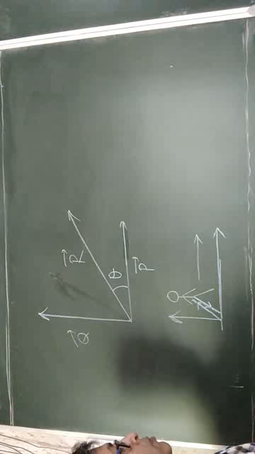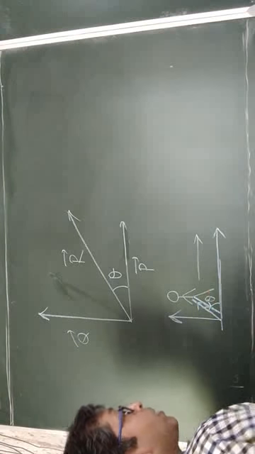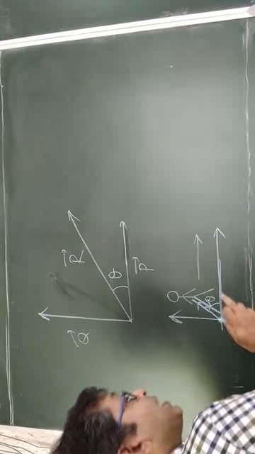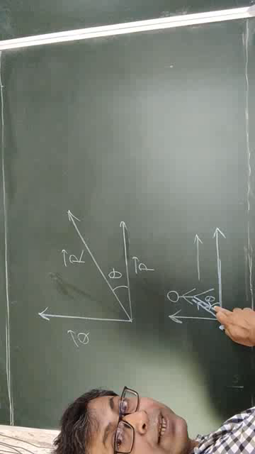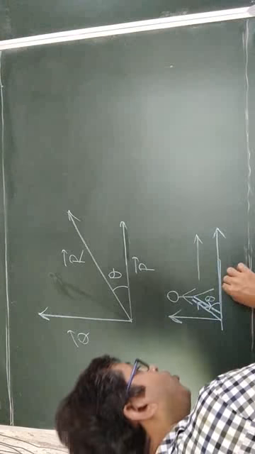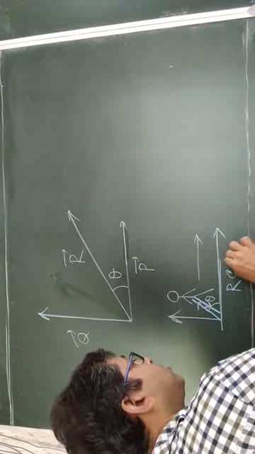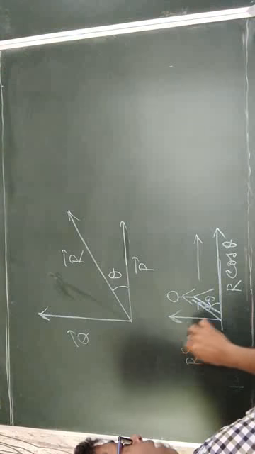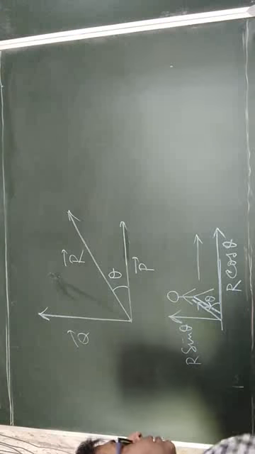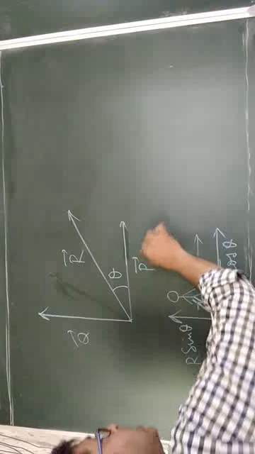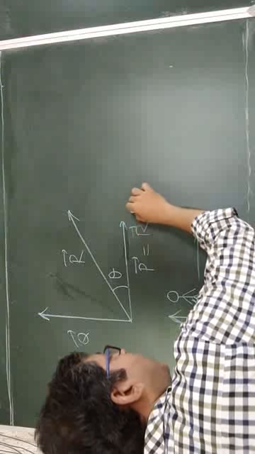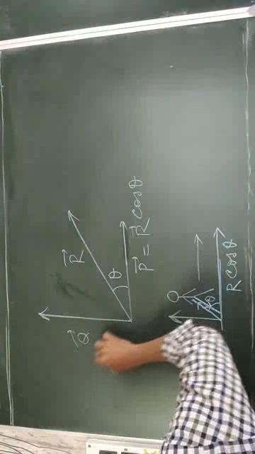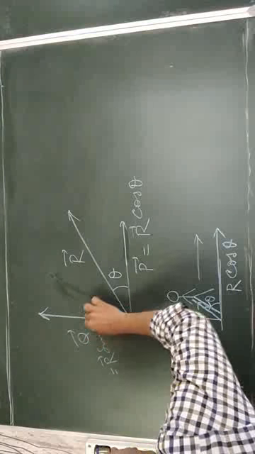If this angle is theta, we have seen that the horizontal component, the component which is in contact with this angle, is always cosine, and the away component is always sine. So P is equal to R cosine theta and Q is equal to R sine theta.